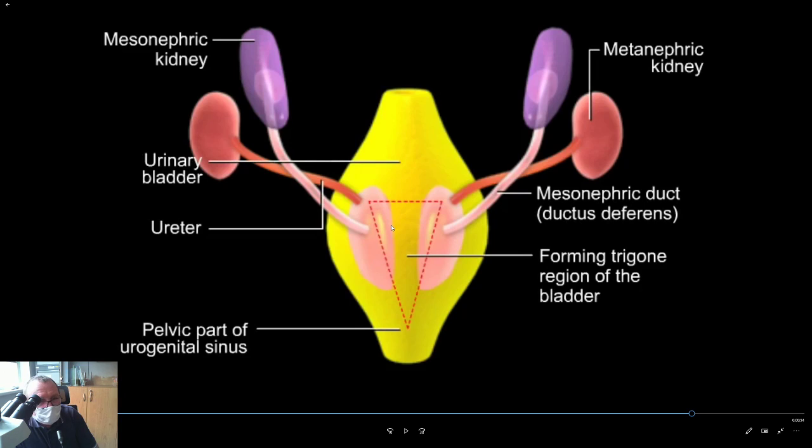The other parts of the urinary bladder are developing from endoderm, that means the epithelium is endodermal, and lateral plate mesoderm, which gives rise to other tissues of its wall, muscle, connective tissue, as you saw in the slide.